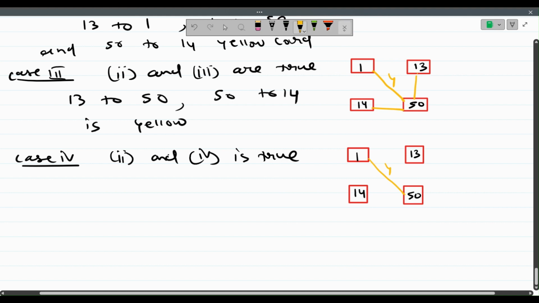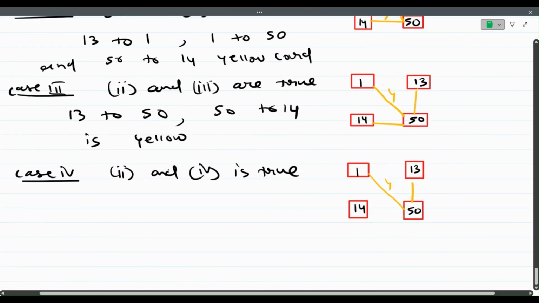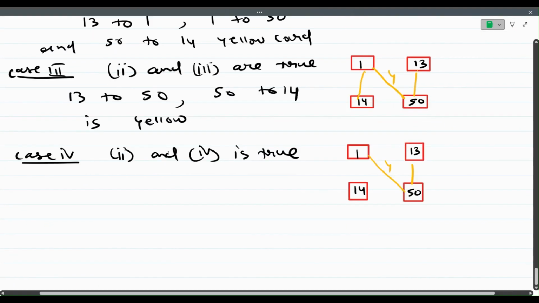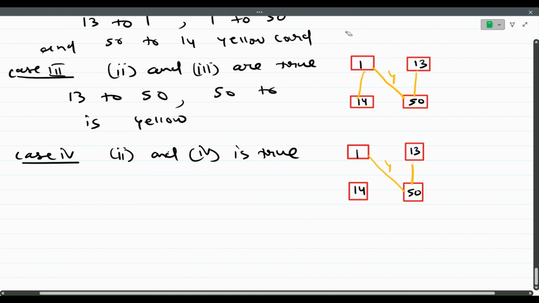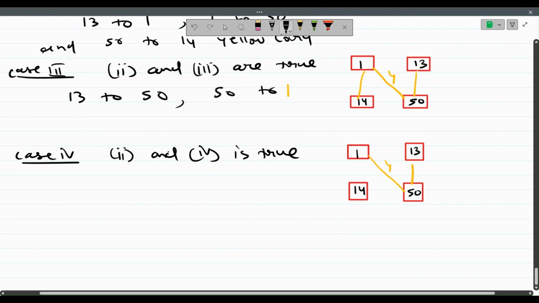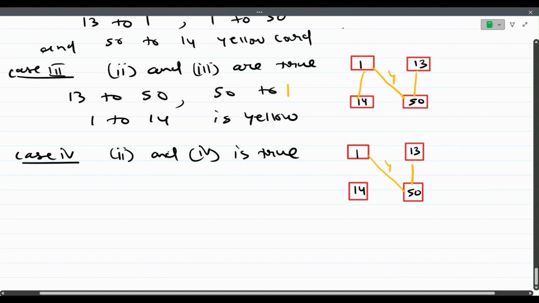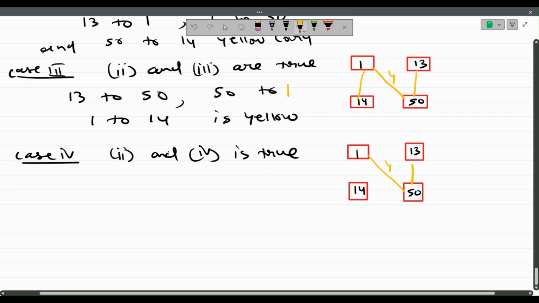In that case, the cord connecting between 13 and 50 is yellow, and 2 says 13 connects to 50 which is yellow, and 4 says that 14 to 50 is also yellow.